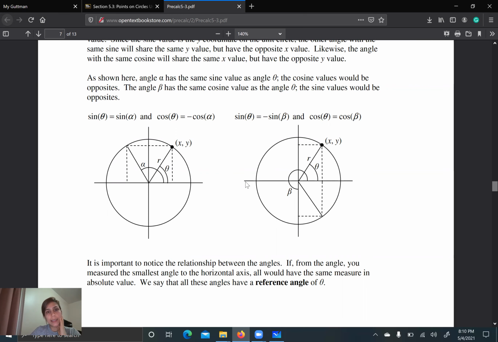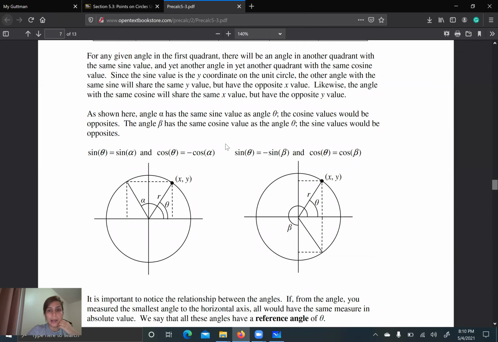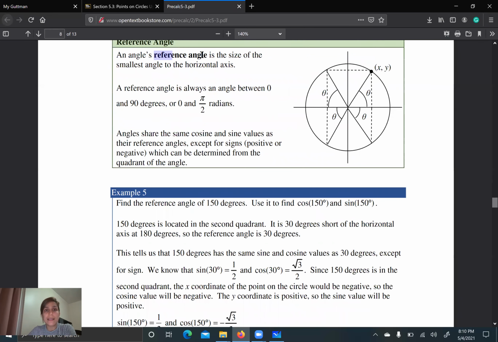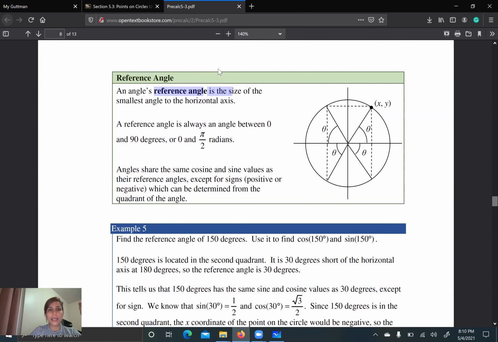Another point worth mentioning is an easy way to derive sine and cosine for some angles, and that's related to the reference angle. Sometimes it's easy to go back to the reference angle, so you don't have to calculate the sine and cosine every time for each angle.